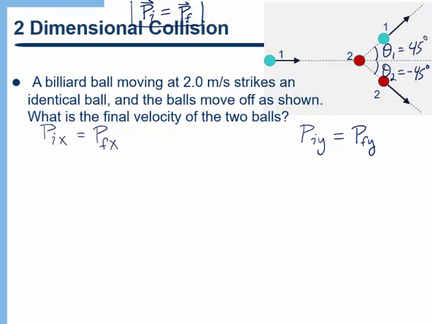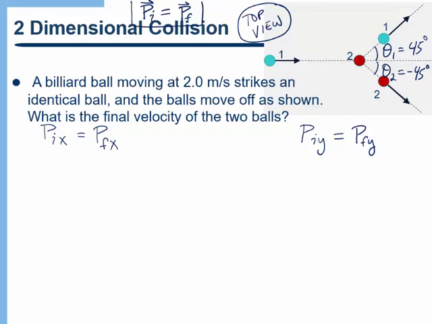Notice, by the way, this is a top view, so you can picture balls on a pool table if you want to. So when object 1 comes in and hits object 2, object 1 goes off in the upward direction, and object 2 goes below the x-axis.